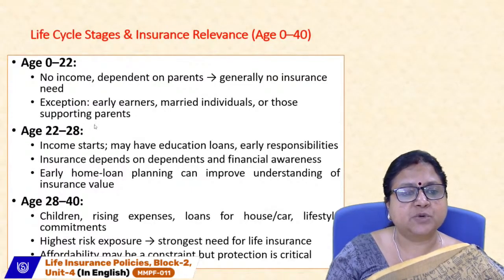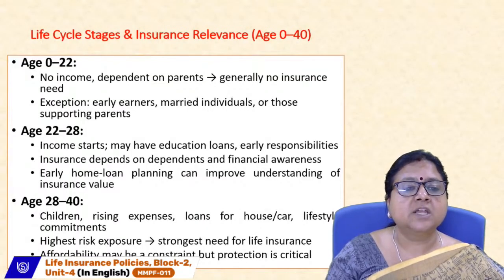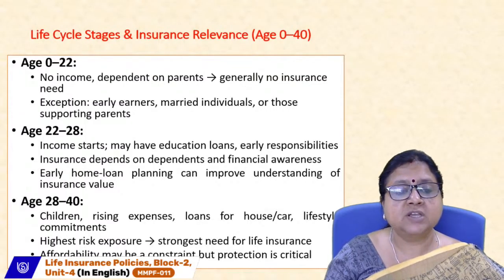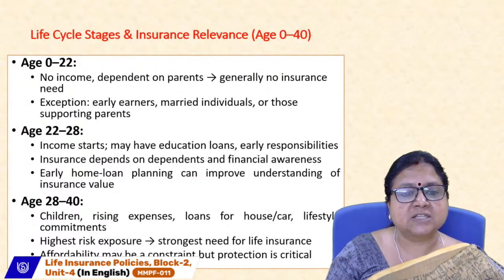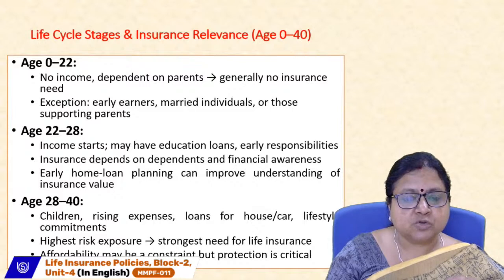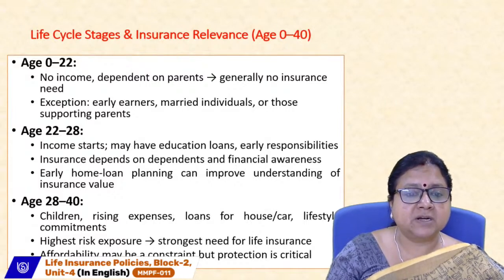Similarly, between the ages of 22 to 28, a person may start earning income. They may have education loans and early responsibilities. So insurance depends on the dependence and the financial awareness. If the person is just starting his income and he has his old parents with him, obviously they are his dependents, so he will take some sort of insurance for his parents.